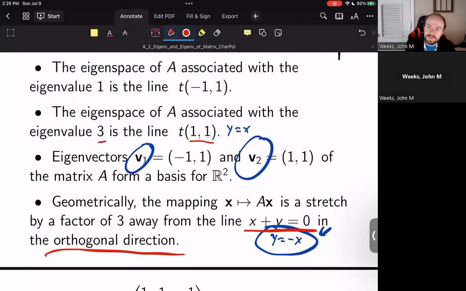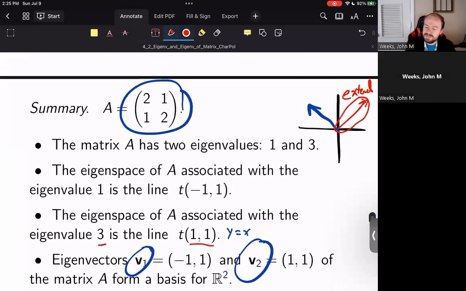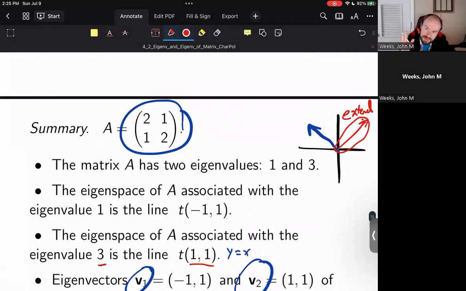That's exactly what's being meant here. That vector is meant to capture the component of a vector that is orthogonal, going farther away from the line x plus y equals 0. It's actually extending it by a factor of 3 in that orthogonal direction.